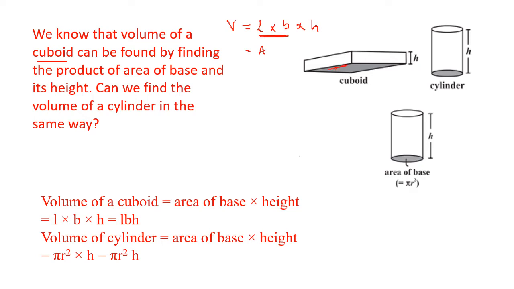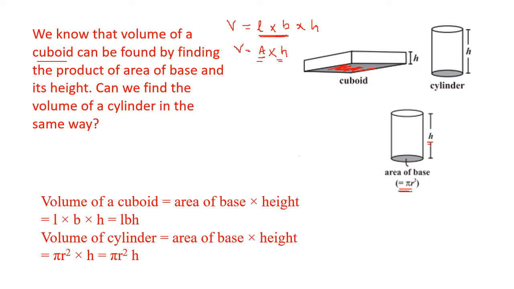This shaded part here, the area of the bottom, is the length into breadth. So area of the bottom into the height will also give us the volume. We can take the same comparison with the cylinder. To find the volume of the cylinder, we can multiply the area of the base into the height.